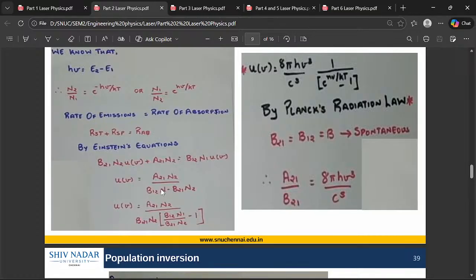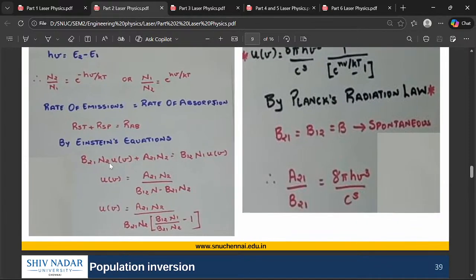A21 N2 will give u mu by bringing B21 N2 u mu to the right hand side of the equal sign, then taking u mu common and dividing by the other term.